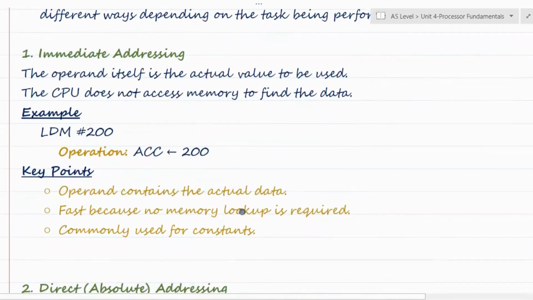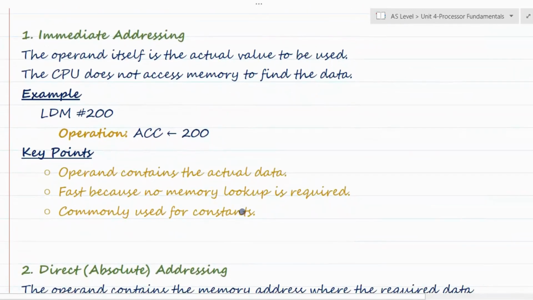First of all, let's have a look at immediate addressing mode. This is the simplest one. In immediate addressing, the operand itself contains the actual data value. CPU does not need to go to memory to fetch the data.